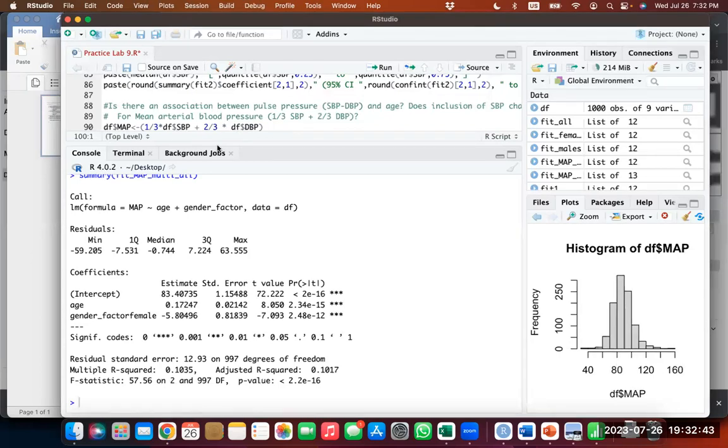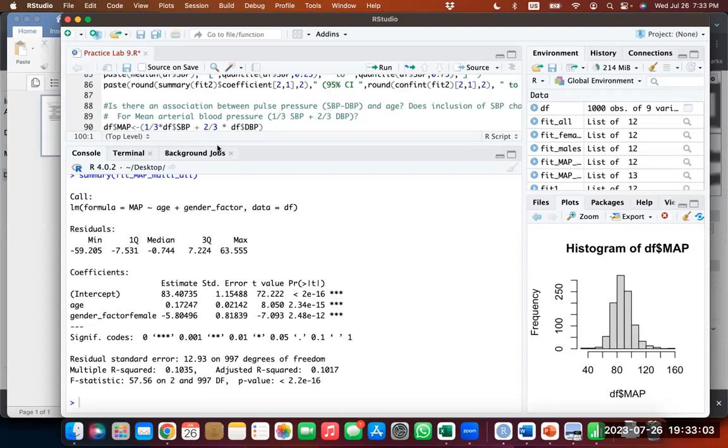So if you include additional variables, your R squared will always go up. The problem is if you include more and more variables, you want to account for that. You do that by adjusting your R squared for the number of variables that you're adding. So that's the adjusted R squared.